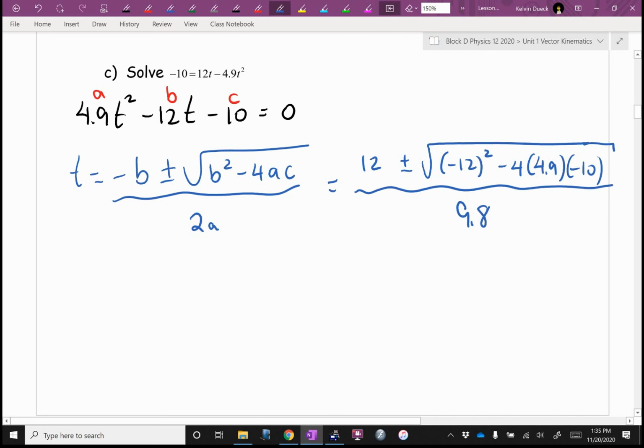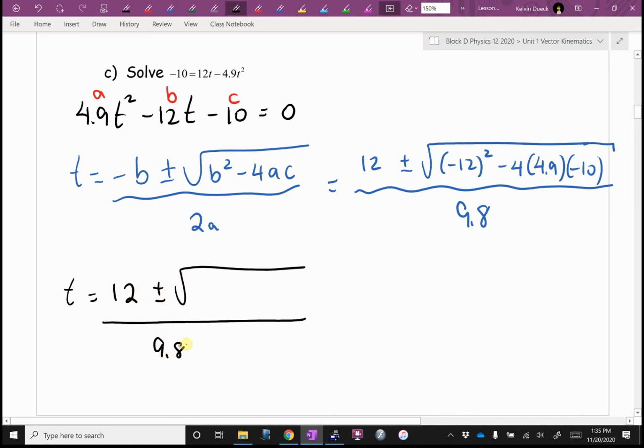You could write 2 times 4.9 down there too. For those of you that don't have the solver, I played around with a bunch of different ways of doing this. I think it's worth evaluating what's inside the square root first and doing one more line of work. So I typically go 12 plus or minus the square root of whatever that's going to be.